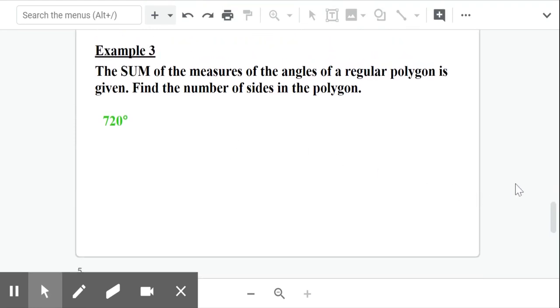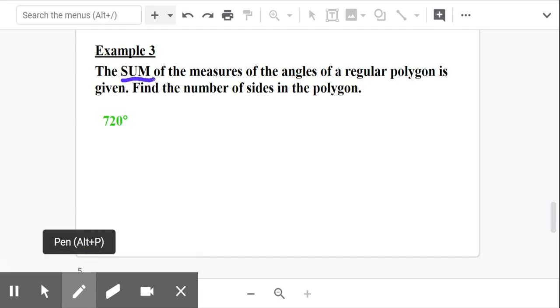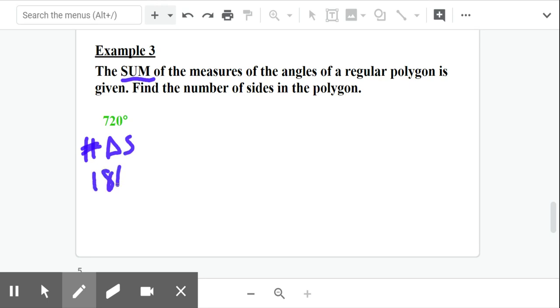Okay, so for example 3, this time we are given the sum of the measures of the angles of a regular polygon. Find the number of sides. So here we have to work backwards. We've already figured out how to find the sum, but we've never been given the sum. So from the sum, we need to go backwards from there. Remember that the degree measure is actually the number of triangles that's in the shape, and each triangle is 180 degrees.